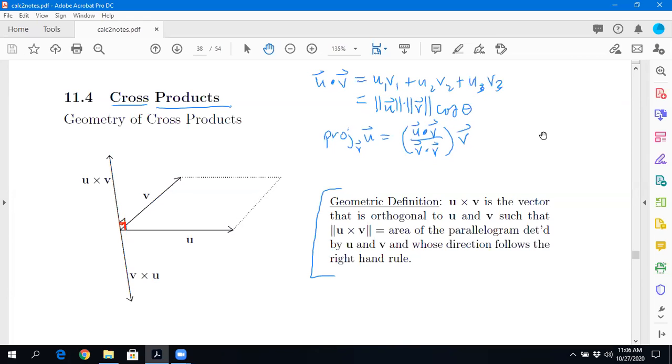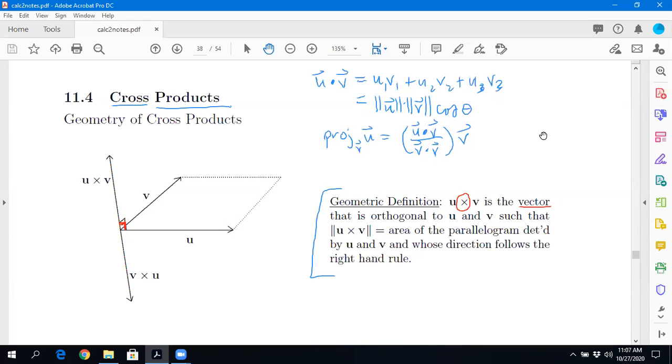And U cross V, by definition, this is the geometric definition of the cross product. U cross V, and you use this little symbol right here. It looks like an X or like a times symbol, is the vector. So first of all, what's the output of the cross product? I use the word vector.